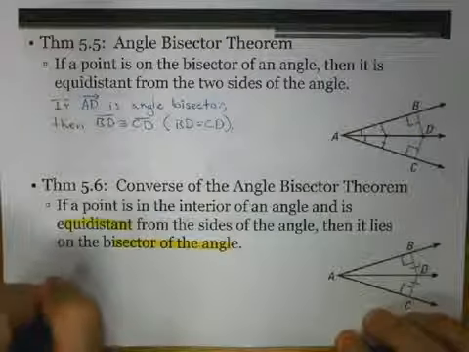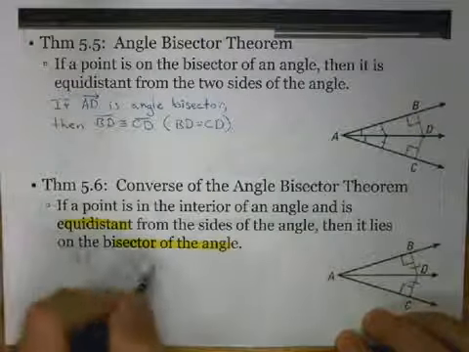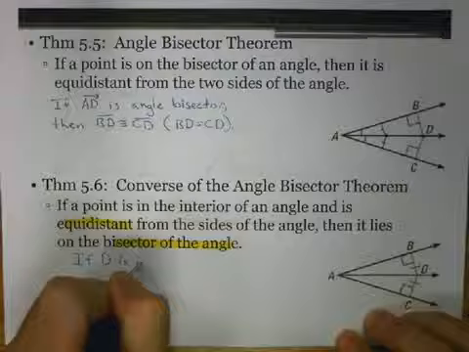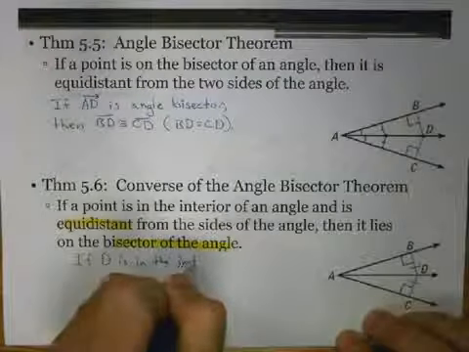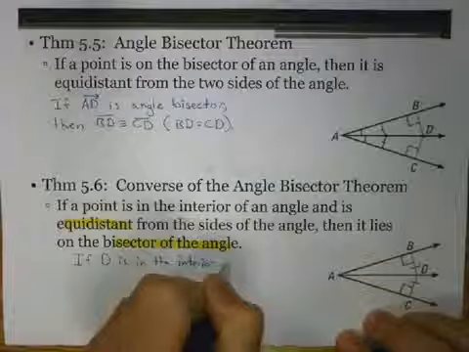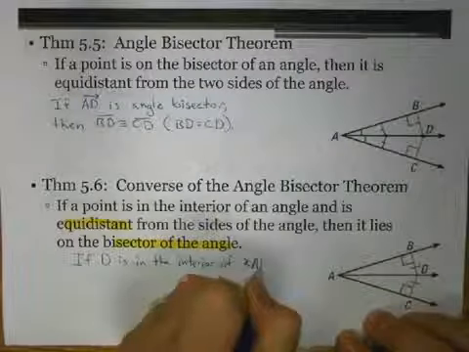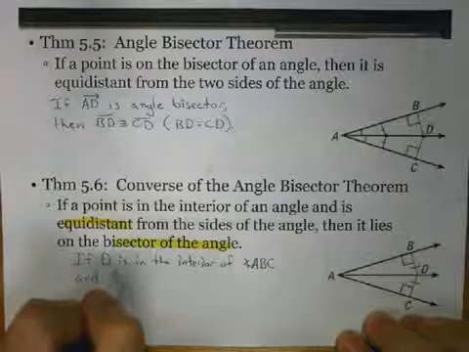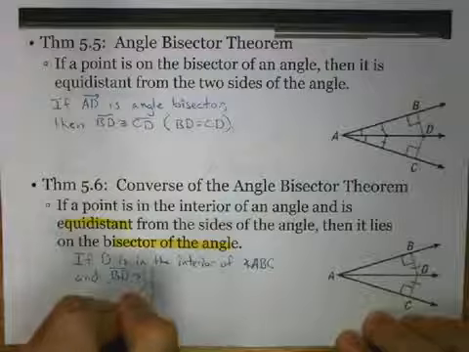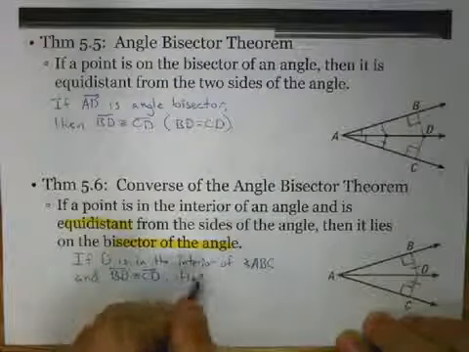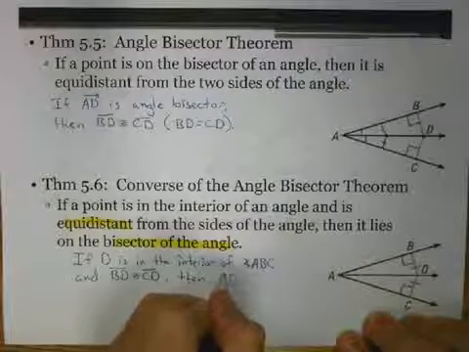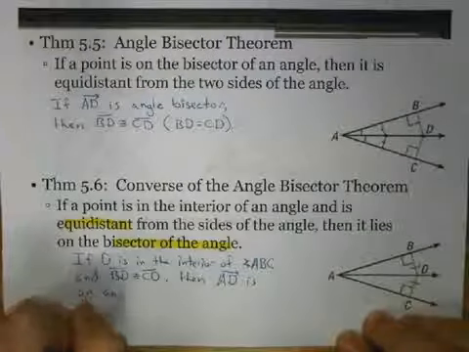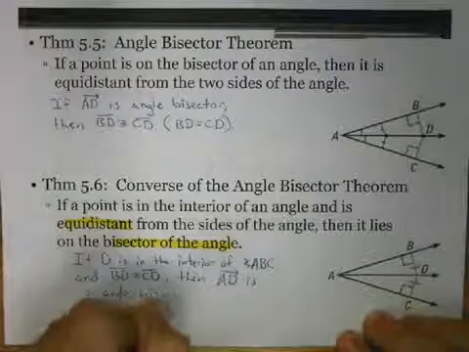So it says if a point is in the interior of an angle and is equidistant from the sides, so our point is going to be D. So if D is in the interior of angle ABC, and it's equidistant, same idea we used up here, we're going to say BD is congruent to CD. Then we know that AD is an angle bisector.